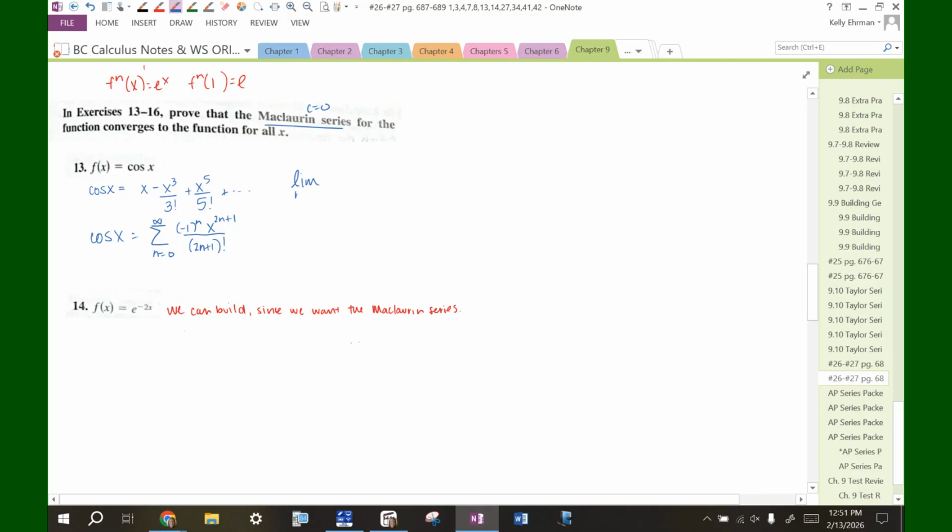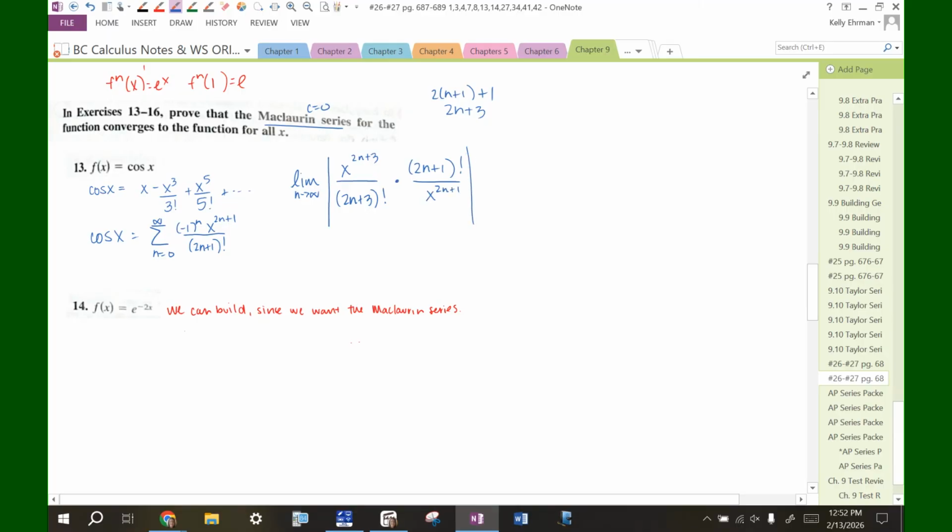So we're going to say the limit as n approaches infinity of the n plus 1th term over the nth term. So the n plus 1 term in absolute value is x to the, here's the math I'm doing, 2n plus 2 plus 1. So it's x to the 2n plus 3 over 2n plus 3 factorial divided by this fraction, so multiplied by the reciprocal. 2n plus 1 factorial over x to the 2n plus 1.